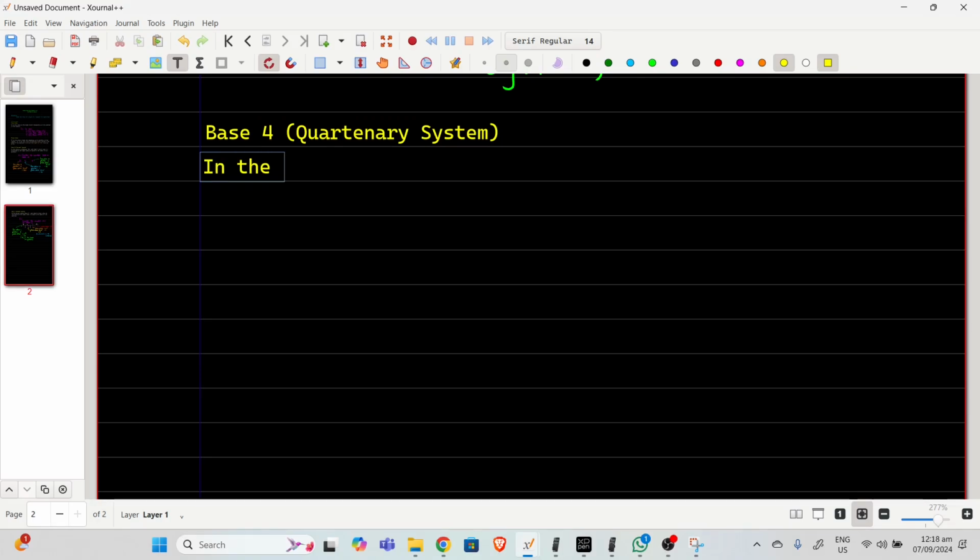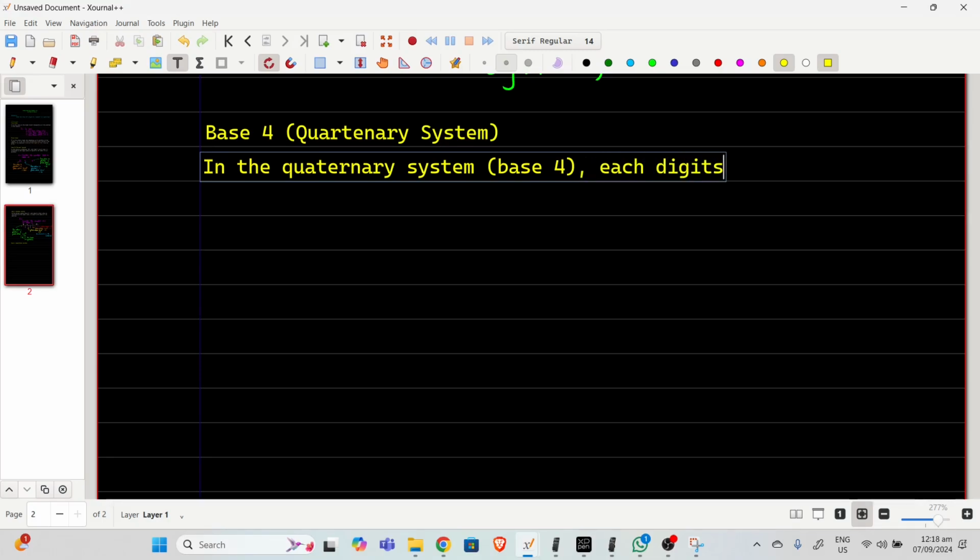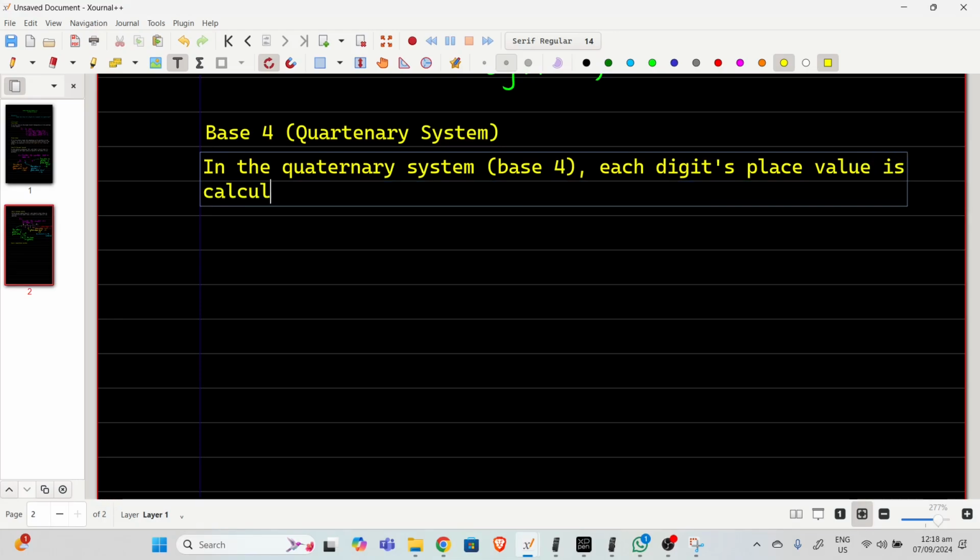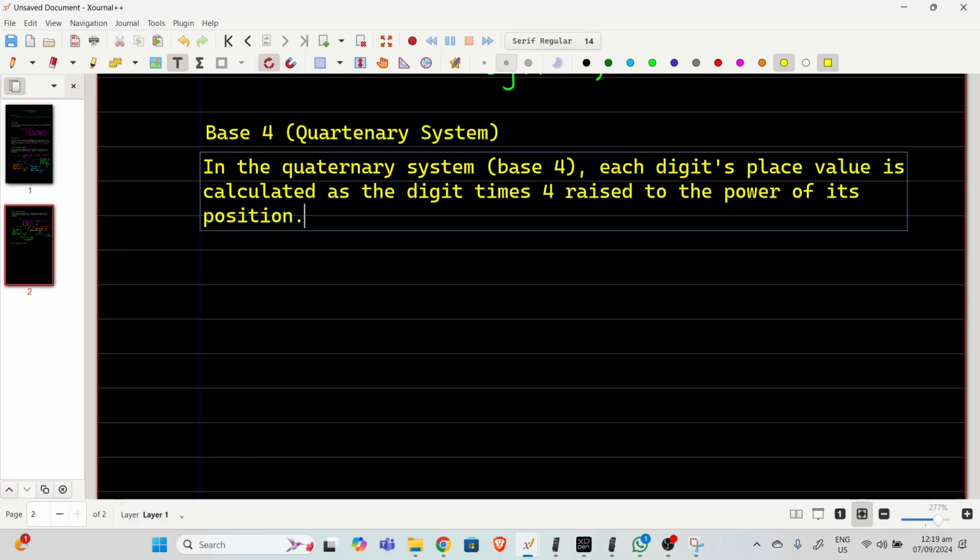So in the quaternary system, or the base 4, each digit's place value is calculated as the digit times 4 raised to the power of its position. Right? Put that in white.